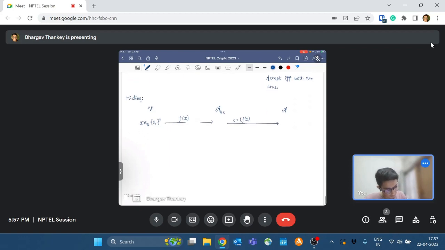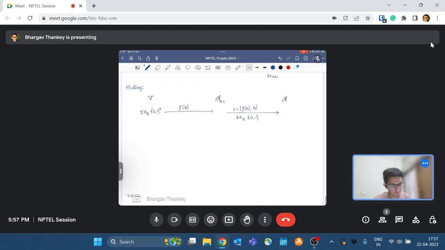We pick b uniformly at random from {0,1}. We can probably also work with b equals 0, but let me do it with this.